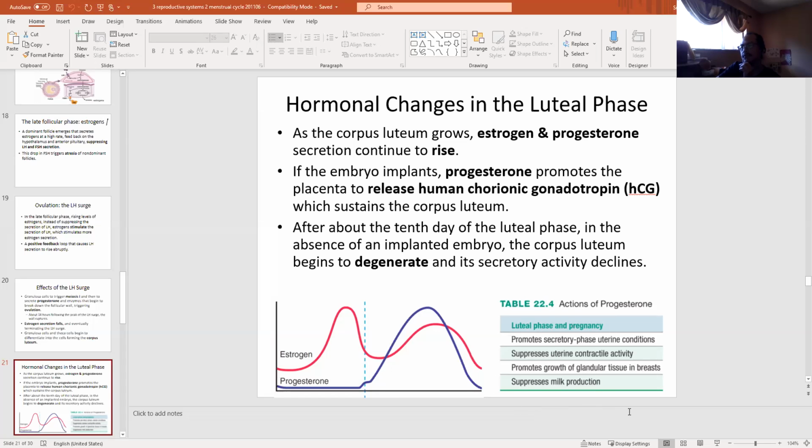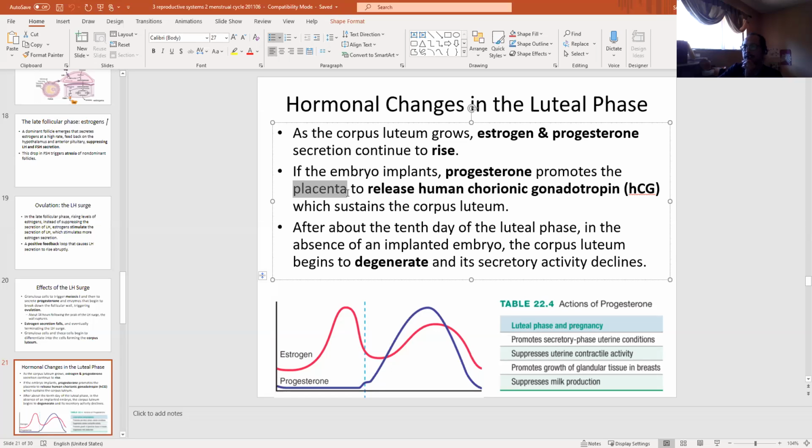Then the milk will be produced and delivered. So that's that. However, if there's no implantation, then the corpus luteum will degenerate. The way it remains alive during the pregnancy is because of the implantation, and more specifically because of the placenta.